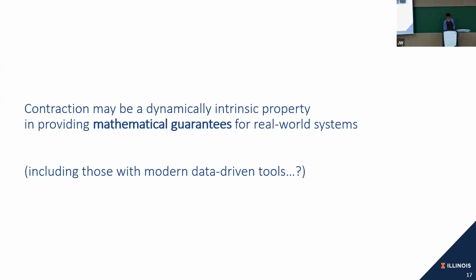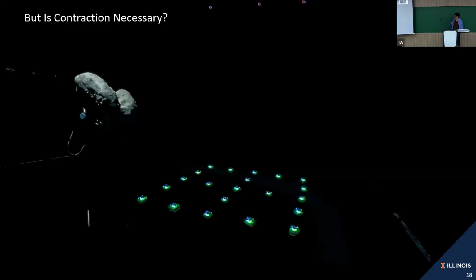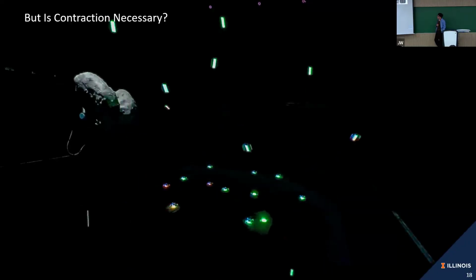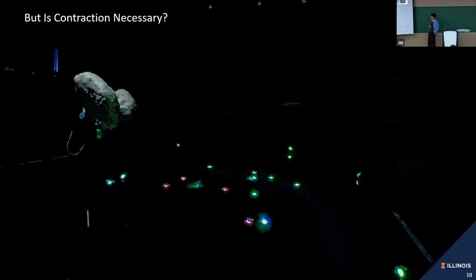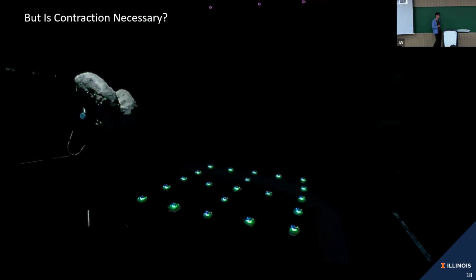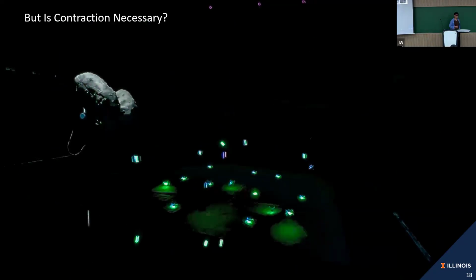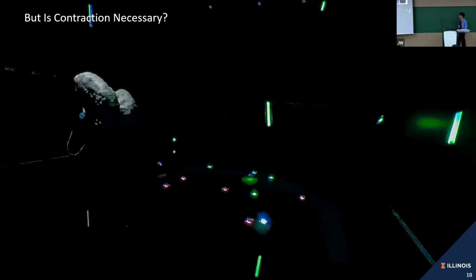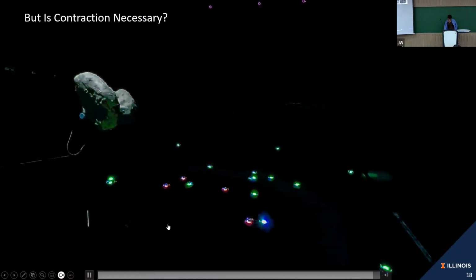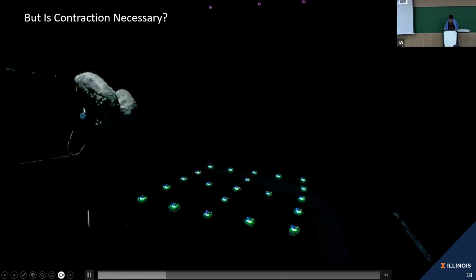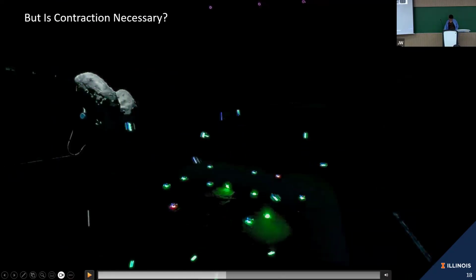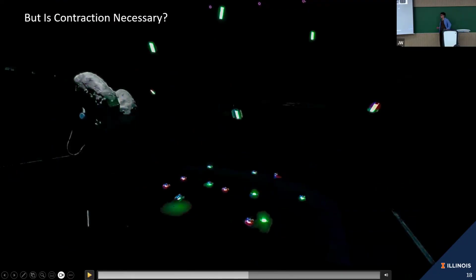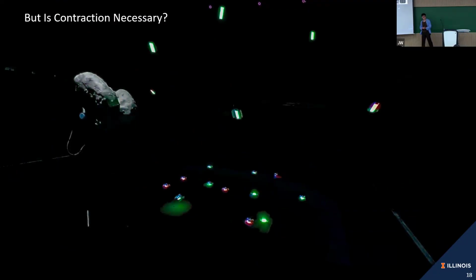Okay. So now this is one of my favorite movies. A lot of things on my experiment. And my point is, why do we even need contraction? So here, what's happened is that this is a challenging problem, as you probably know.